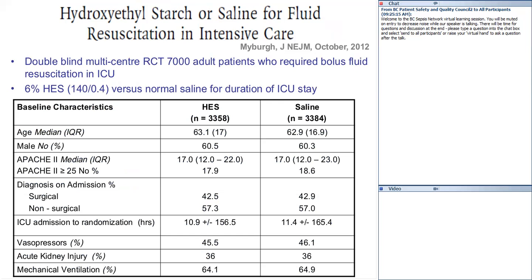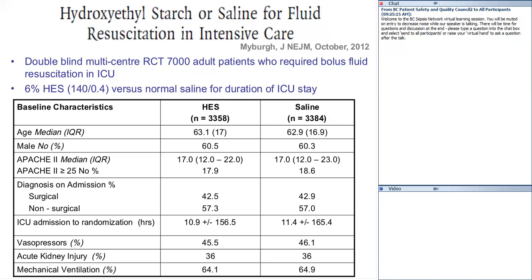The age was similar between the two groups, as was the proportion of male, again about 60%. The APACHE 2 scores were also very similar, but note that the APACHE 2 scores in this study were about 17. So a little bit lower than what we might expect for patients that have severe sepsis or septic shock, which is upward of 20 and above.